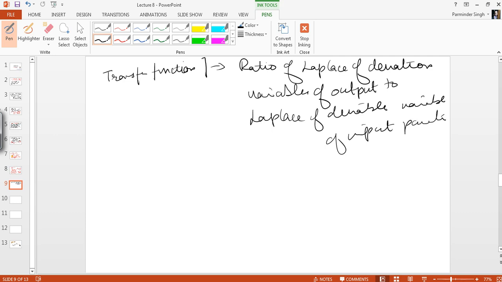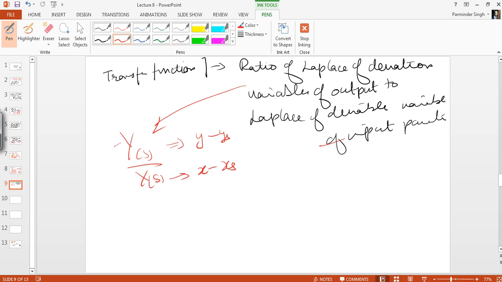So what was the output parameter? Output parameter was our thermometer reading, that is Ys. What was the input parameter? The surrounding reading, that is Xs. So these are deviation variables, y minus ys and x minus xs, and if you take their Laplace, it will give form to your transfer function. Further, time constant depends upon these values mc by HA.